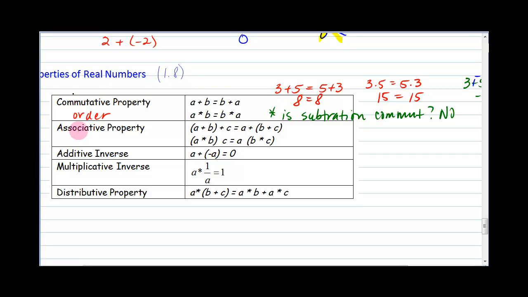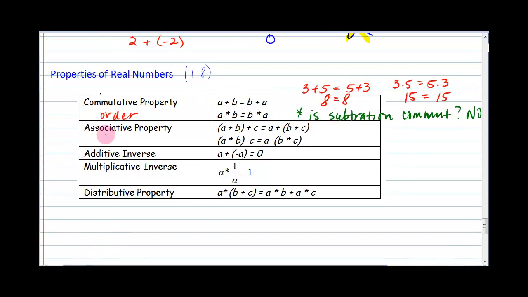Okay, the associative property. We can think of this as grouping. In other words, if I group these and add, I can regroup and still come out with the same answer. So let's plug some real numbers in.